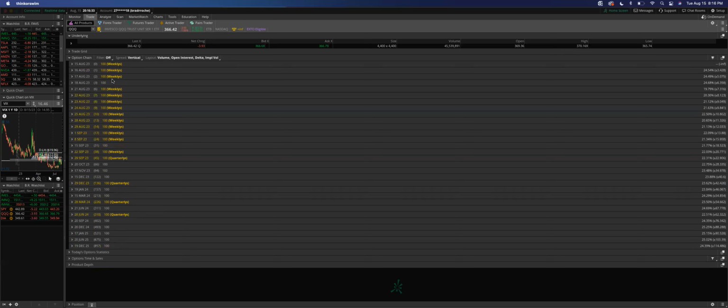We can talk about why, but we'll stick with that mantra: you want to pick at least a week out, even if you're planning on day trading it. If you're day trading, 7 days usually can be pretty good. But if you're planning on swinging, even if you're holding it for 2 days, get 30 days out. It will save you a lot of headaches, a lot of problems.